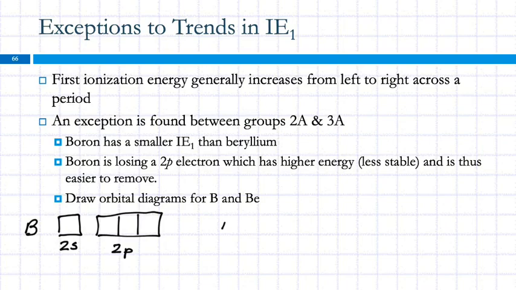And for beryllium, we'll just draw the same boxes: 2s and 2p. How many valence electrons does boron have? What group is it in? 3. So 1, 2, 3. And beryllium has how many? Just 2, right?